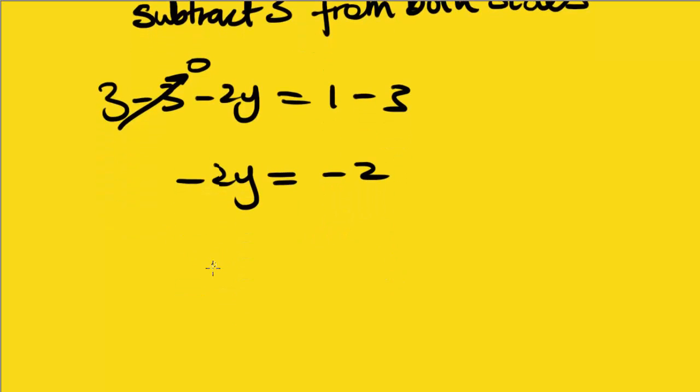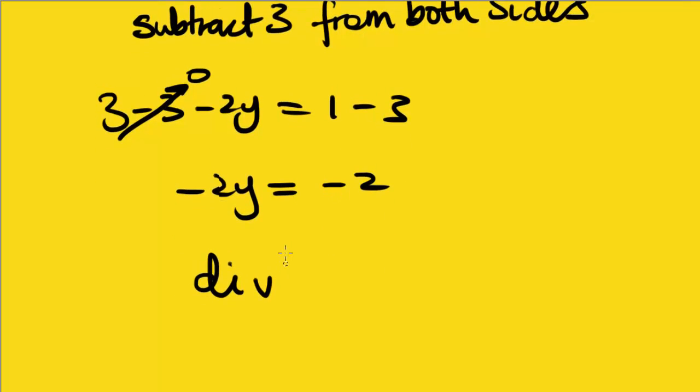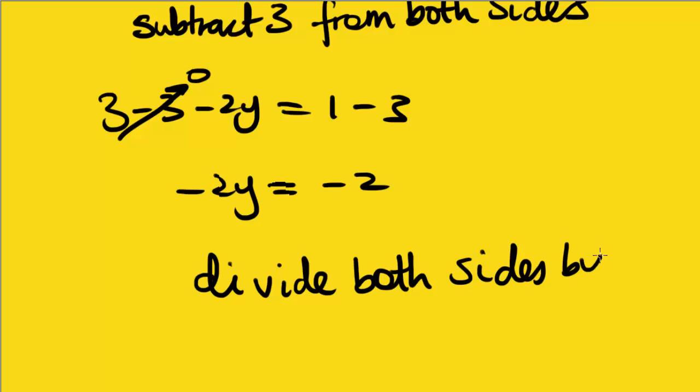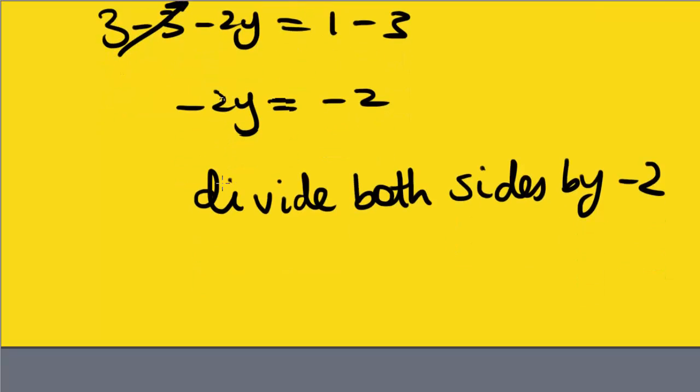So divide both sides by minus 2, so that you can isolate y, because the coefficient of y here is minus 2, but you just want y on the left hand side.